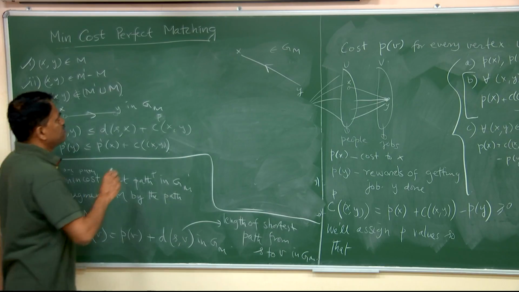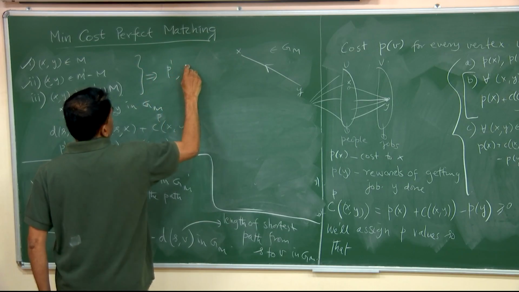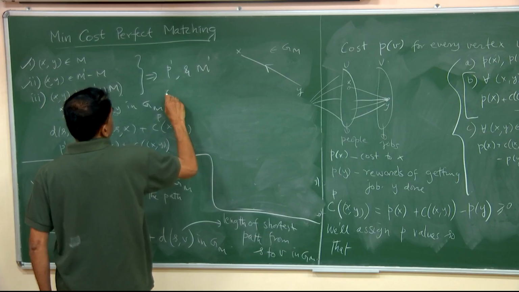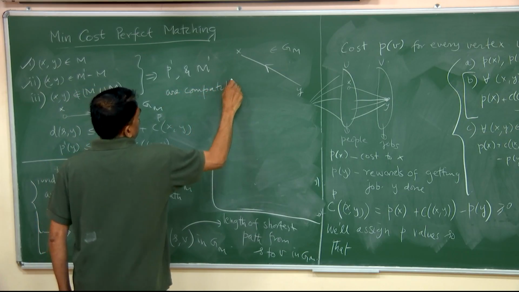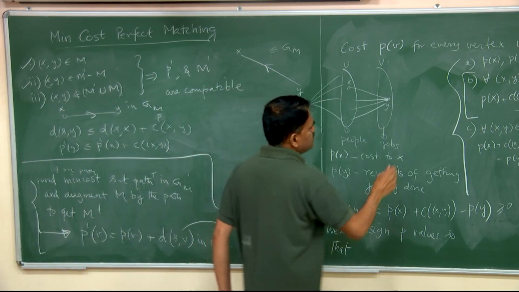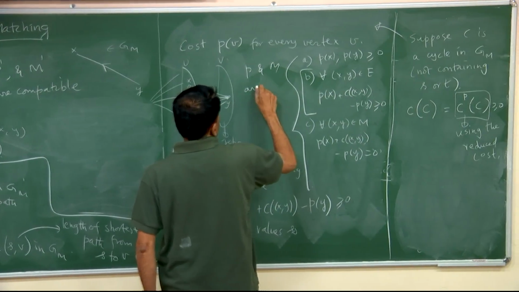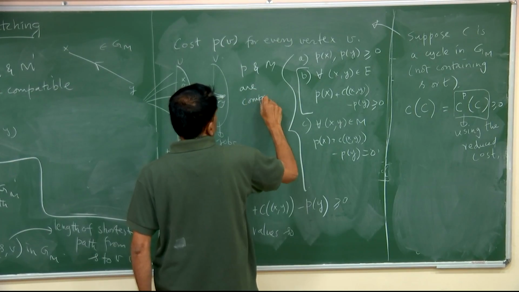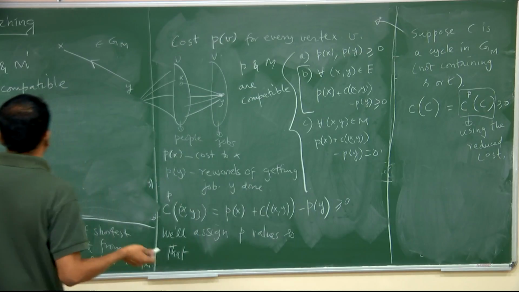Okay, so all this implies that P prime and M prime are compatible. Okay, what does compatible mean? This is what I mean by P and M are compatible. And why did we want this?